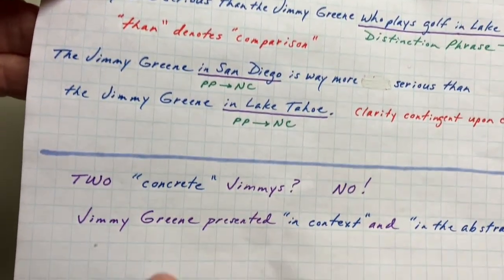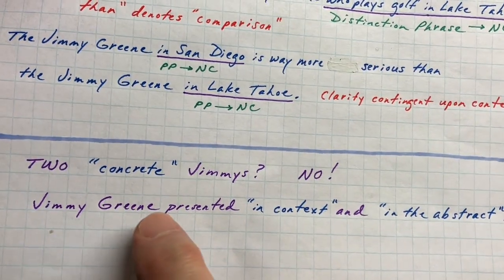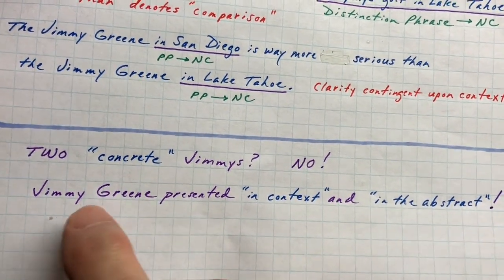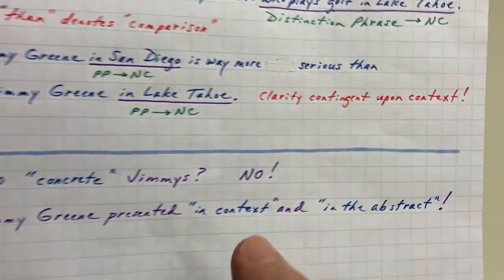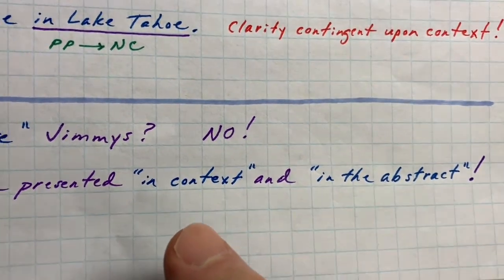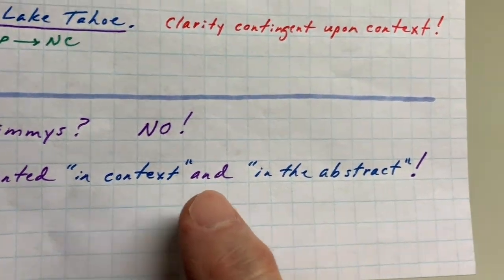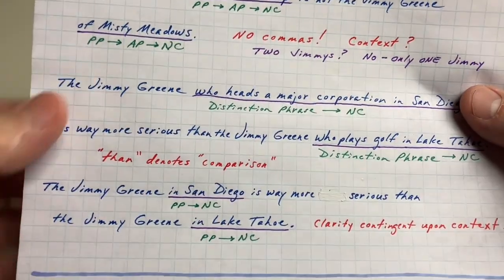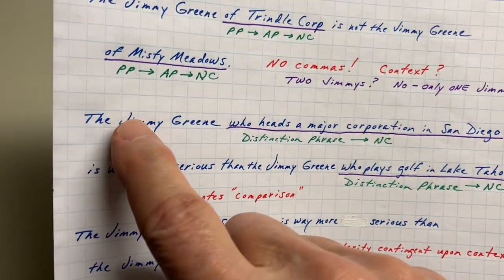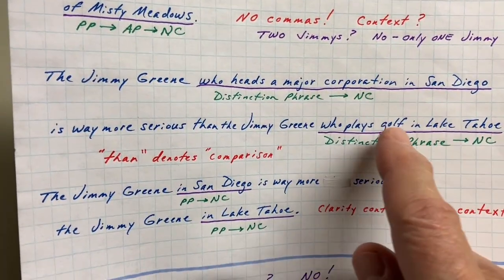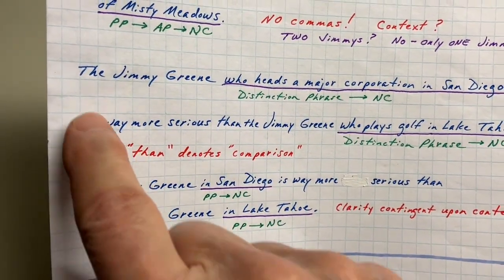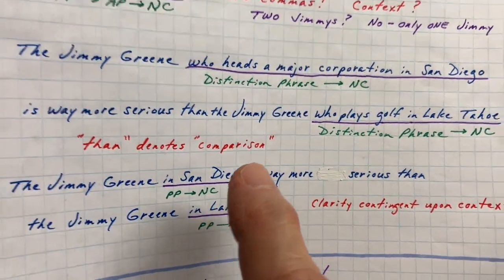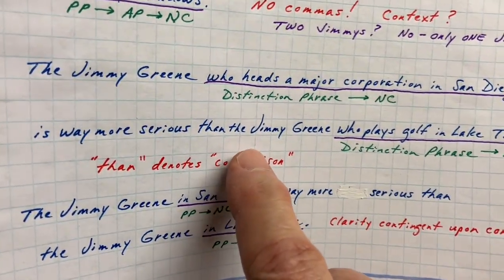Watch. The Jimmy Green that we're presented with here, we're given this Jimmy Green, all right? He's given to us in context, and that was the whole point of the video, and in the abstract. See, what you're comparing here is not two different physical humans. You're comparing two different modes of behavior.